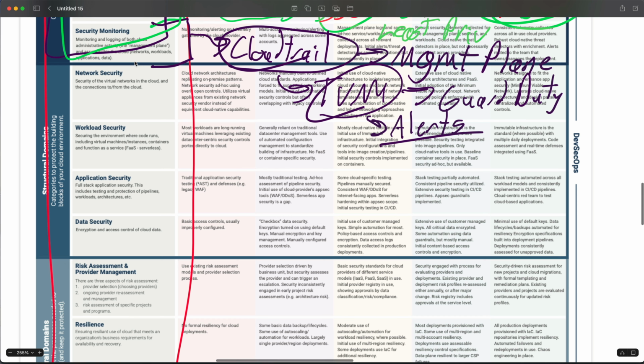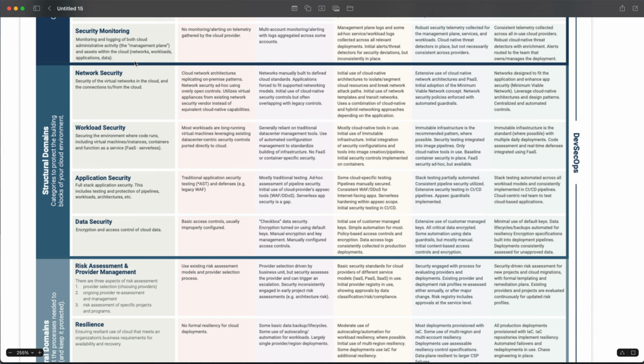So it probably won't surprise you that it is time for us to get into network, workload, app, and data security. Now, the one there we're not going to do too much with is data security. So we're going to be focusing on the network and workload to start with. And then later in another phase, we're going to get to application and data security.